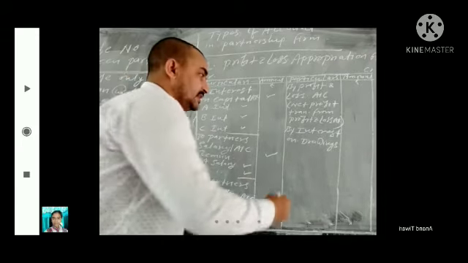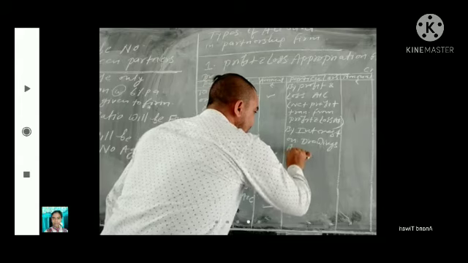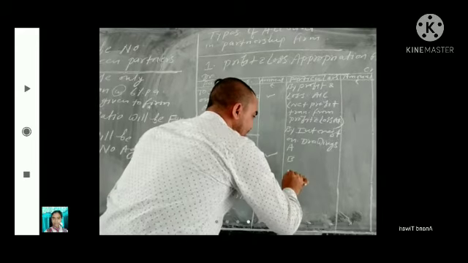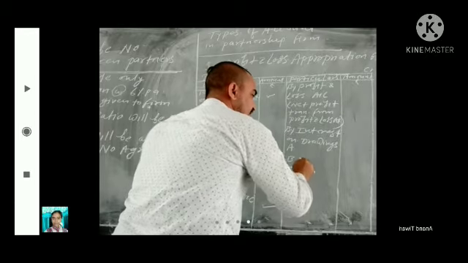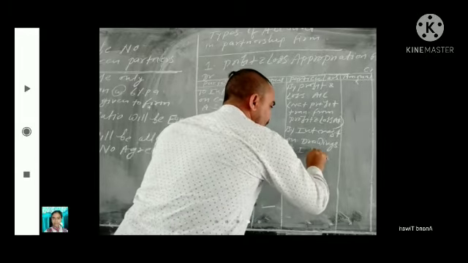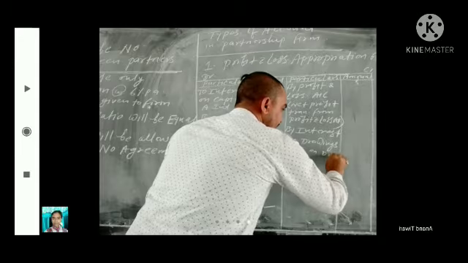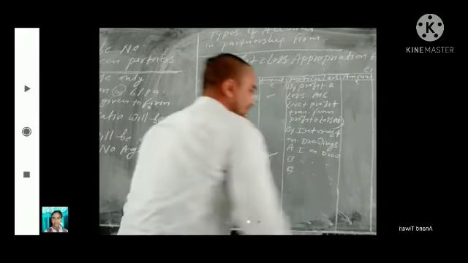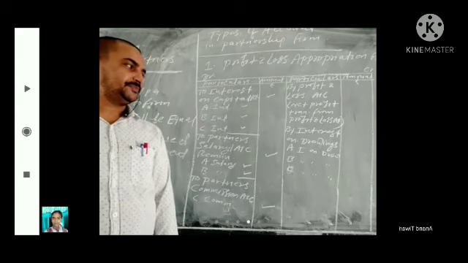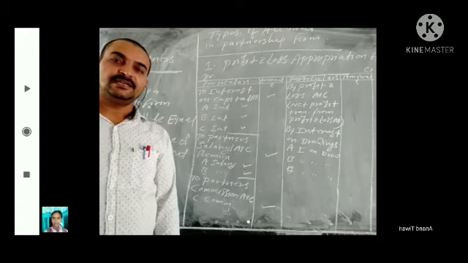Suppose A, B and C all three have withdrawn, so A's interest, B's interest and C's interest. Interest on drawings, you have to show. Clear?